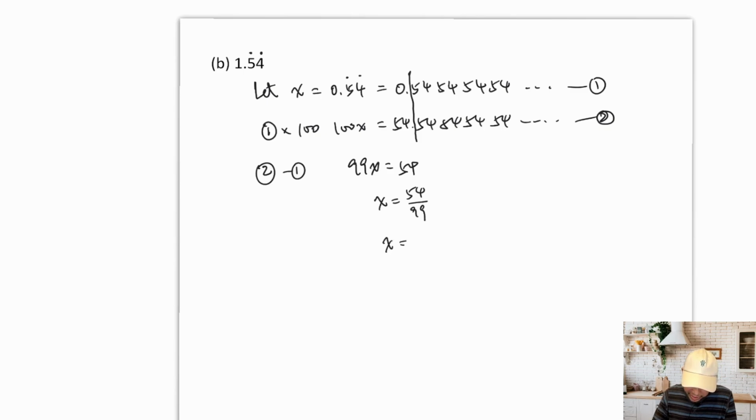We simplify the fraction by 9. So that's equal to 6 over 11. At the end, we need to add 1 to this fraction. So 1.54 recurring will be equal to 1 and 6 over 11.